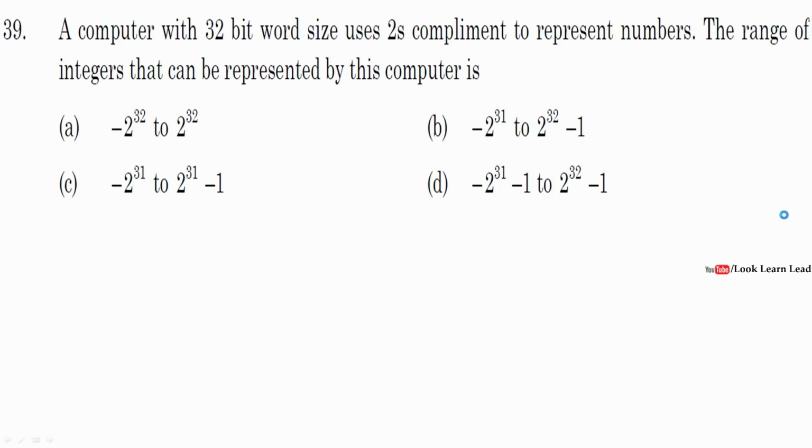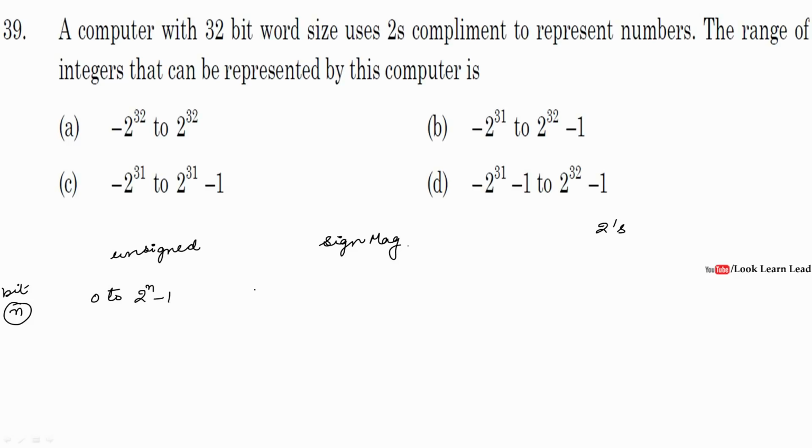Next question. A computer with a 32-bit word uses 2's complement to represent integers. The range of integers can be: we will be discussing for unsigned, for signed magnitude, and for 2's complement. If n is the number of bits: for unsigned it is 0 to 2 to the power n minus 1.